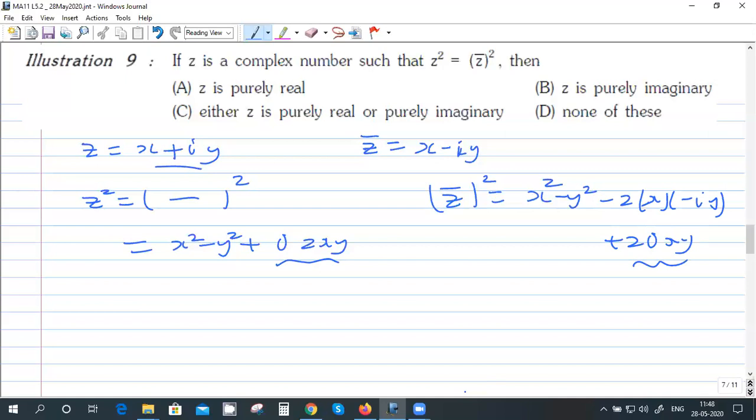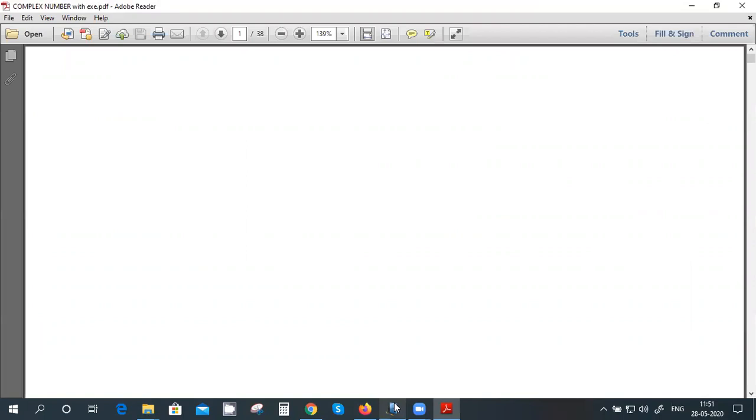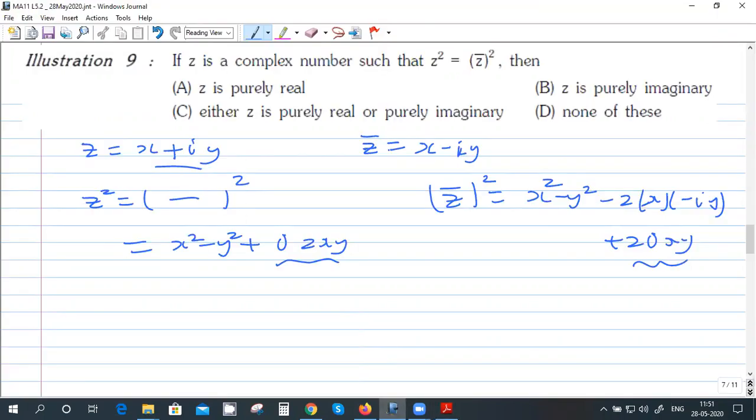Hold on, I didn't make a mistake. Another way to check it is in this Euler form. So in that case, if we take z as r into e raised to the power i theta, what is z bar? r into e raised to the power minus i theta.